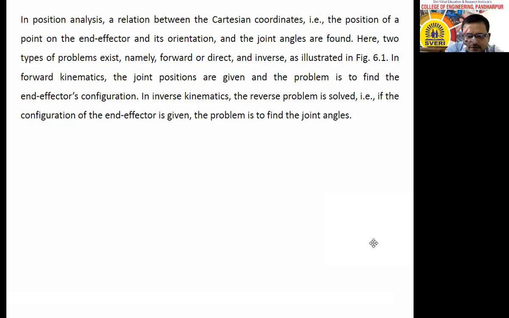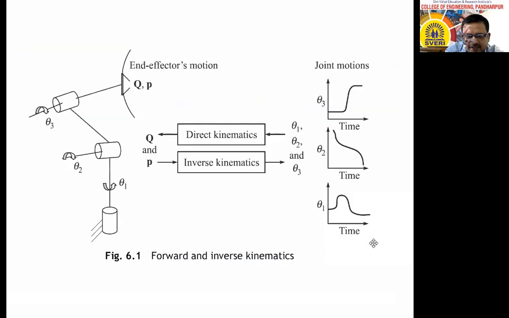Now, see here, forward and inverse kinematics. In forward kinematics, theta1 and theta2 are given, and we have to find the position P. And in case of inverse kinematics, this position P is provided, and we have to find theta1, theta2 and theta3.